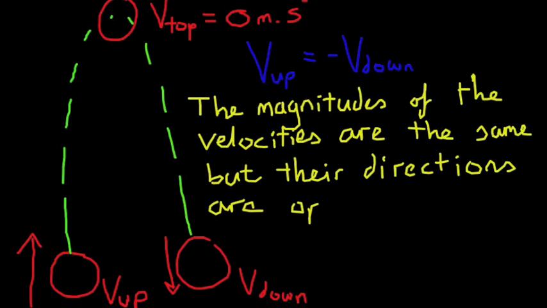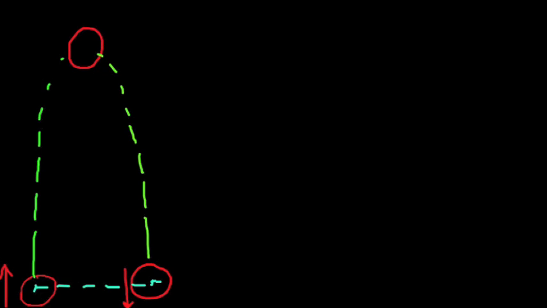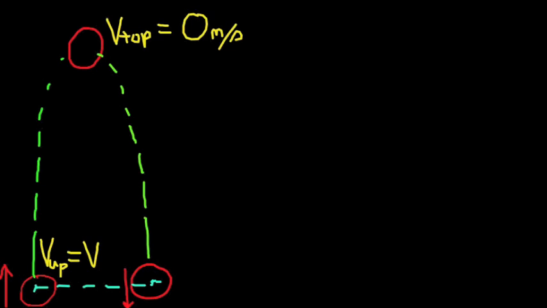Now it's time to look a little bit more in depth into the projectile motion. We know that it starts with a velocity of v meters per second going up. We don't know the exact value, so we use v as a placeholder. We also know that at the highest point in its motion, it has a velocity of 0 meters per second, as we discussed earlier.